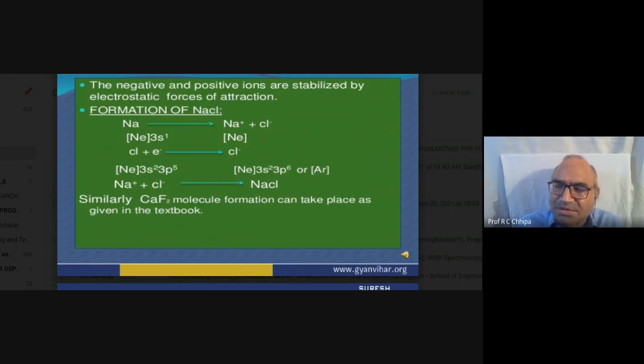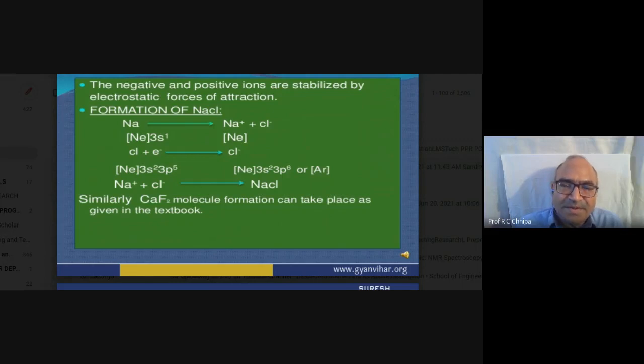Here, one important concern is that we have already discussed the octet rule. So what happens in the case of sodium? The outermost electron is one. So how does sodium complete its stable form?